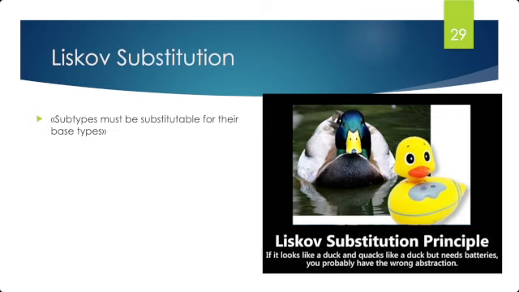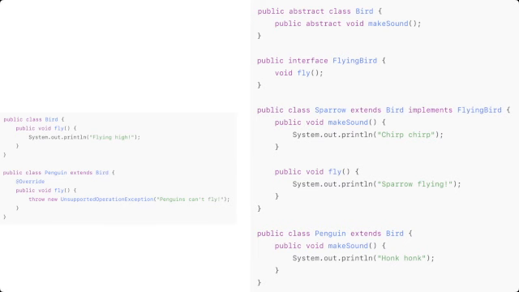In code, we can create the same problems. Let me show you the example. Again, on the left side, I have the bad code, and on the right, the correct. Here we have a base class called Bird, and it has a method called fly.